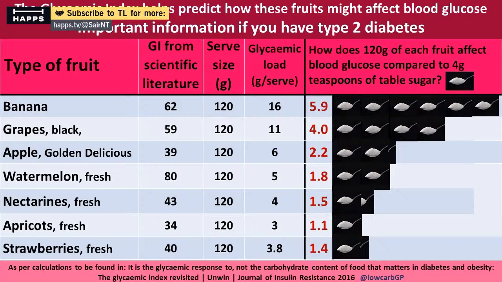Even at the equal portion size of 120 grams, that is a half cup, banana is the highest, giving you 5.9 teaspoons of sugar, nearly 6 teaspoons. And a fresh apricot is the lowest, at 1.1 teaspoons of sugar for a half cup serving.